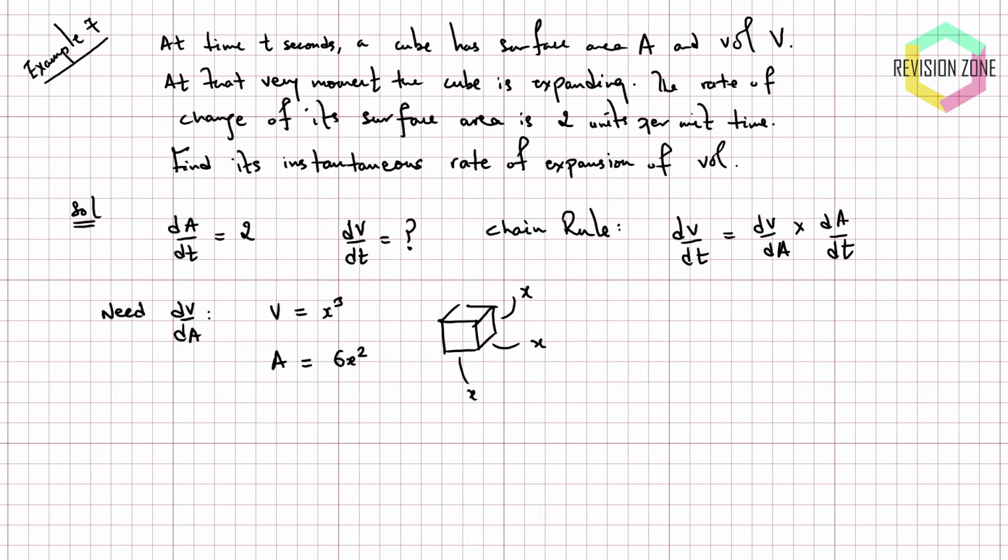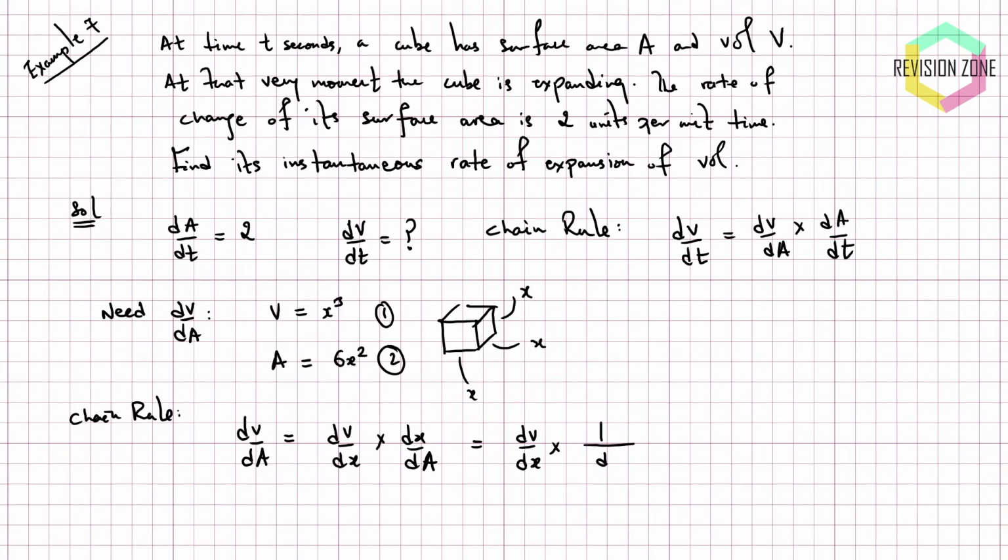Okay. Now that we have this, we can use equation 1 and equation 2 to work towards getting a formula for dV by dA. So we can use the chain rule again, and we can say dV by dA is the same thing as dV by dx times dx by dA. And in fact, using the reciprocal rule, we can rewrite this as dV by dx times 1 over dA by dx.